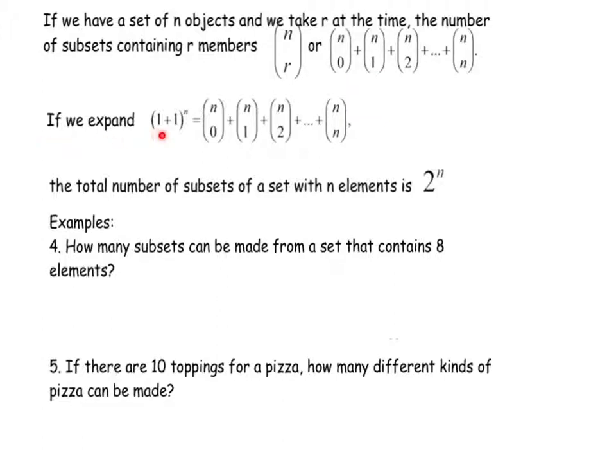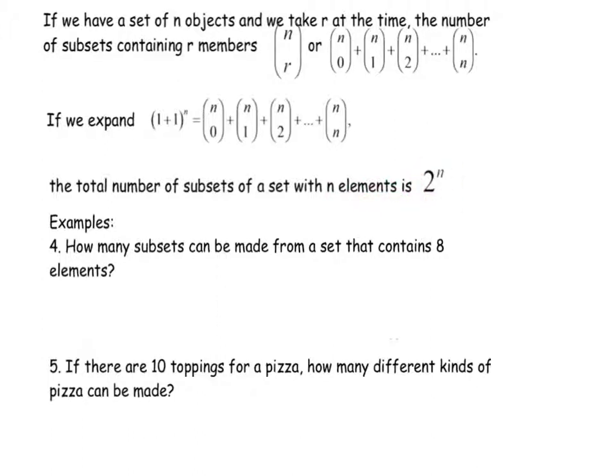And if we expand (1 + 1) to the nth power, it will be again the combination of n choose 0 plus n choose 1 all the way to n choose n. The total number of subsets of a set which has n elements is 2 to the nth power.